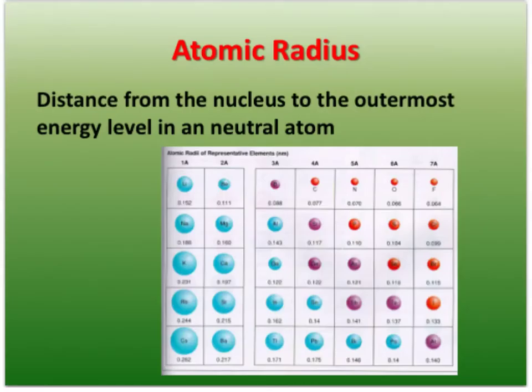Let us summarize this. Atomic radius is the distance from the nucleus to the outermost energy level in a neutral atom. As we go down the group, atomic size or atomic radius increases. As we go across the period left to right, the general trend is for atomic radius to decrease.